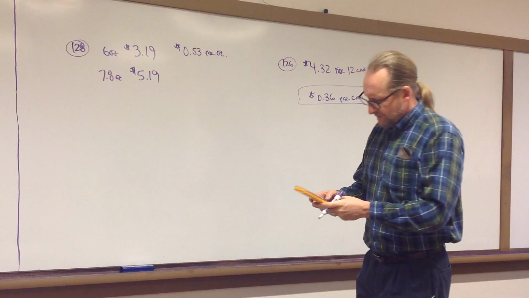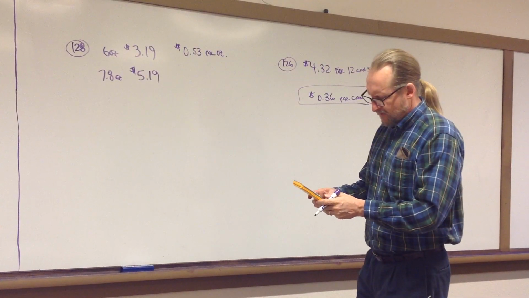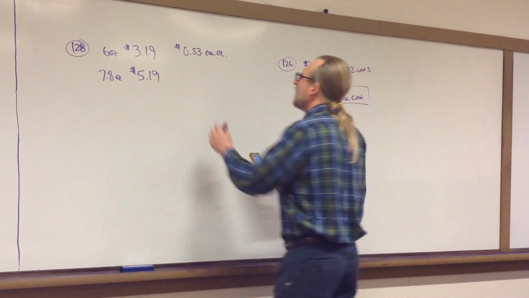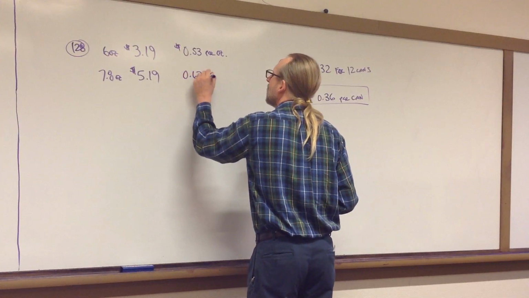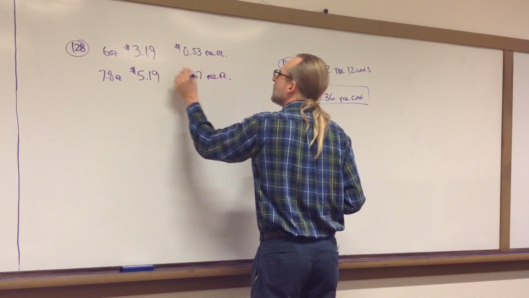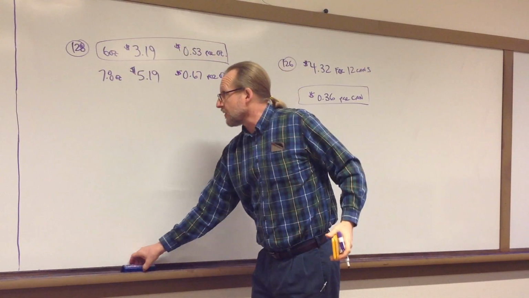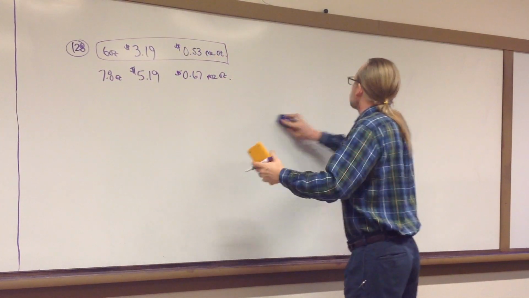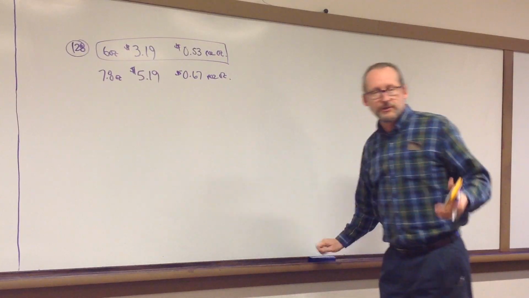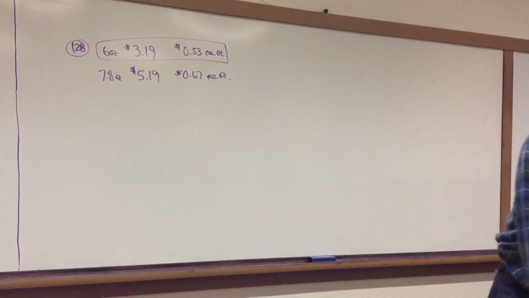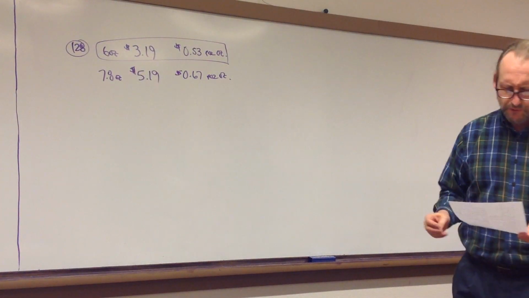And then 5.19 divided by 7.8, that's about 67 cents per ounce. So this one is the better buy. It's cheaper. I mean, I suppose there may be other factors that go into which is the better buy, but here what we're asking for really is just which one is less expensive.